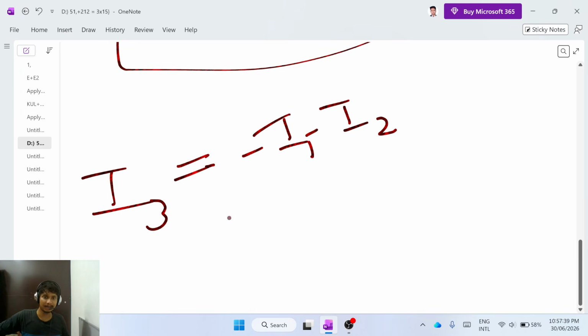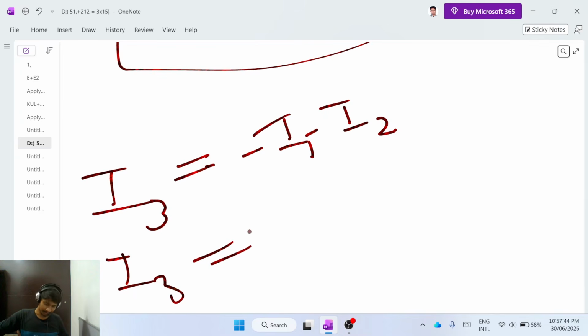We derived this equation. Therefore, I3 is equal to minus I1 minus I2. Here substitute 5/13.